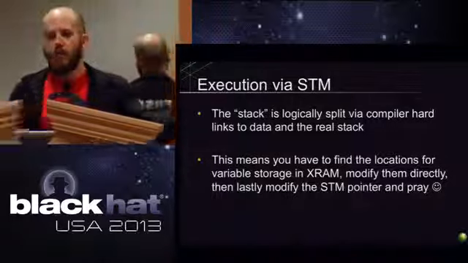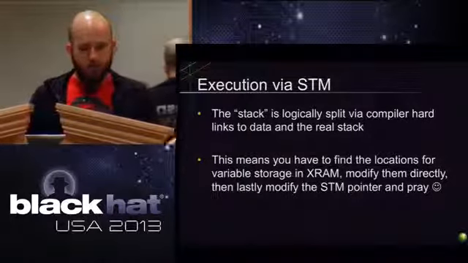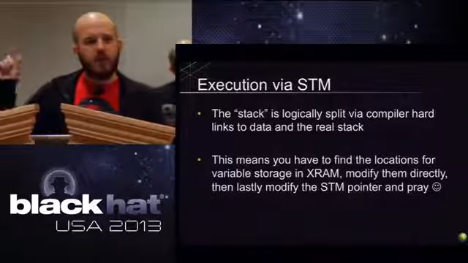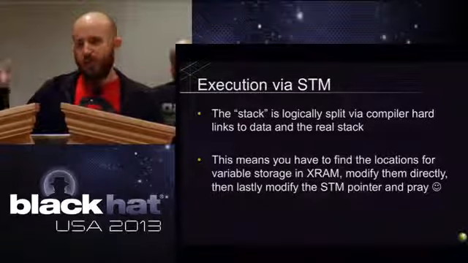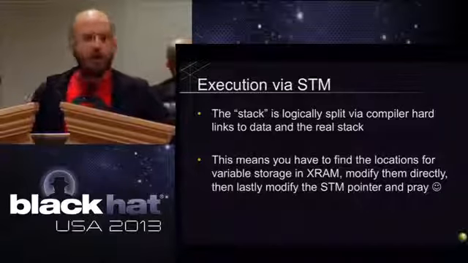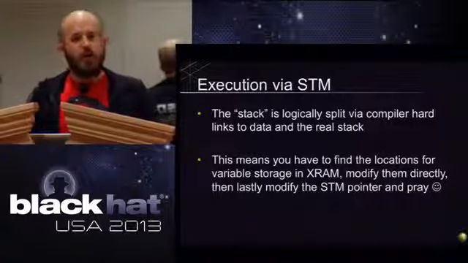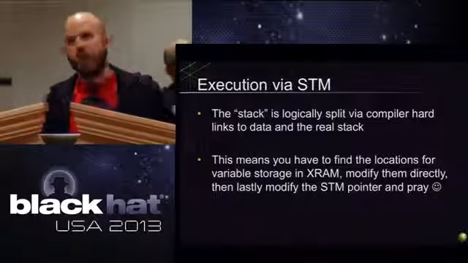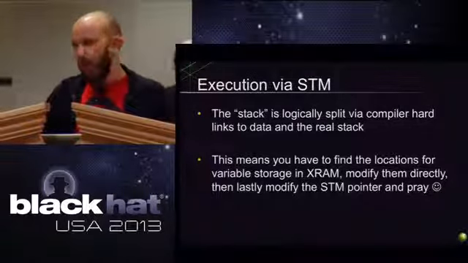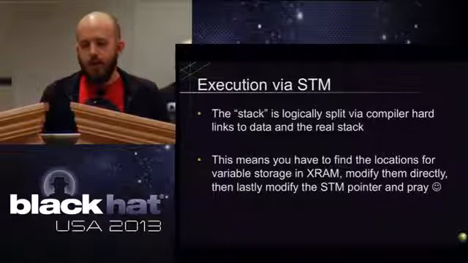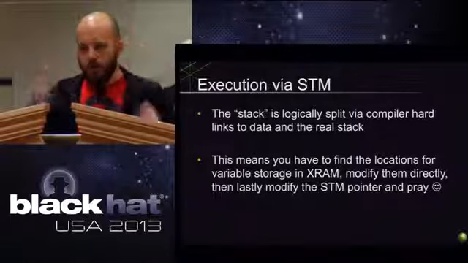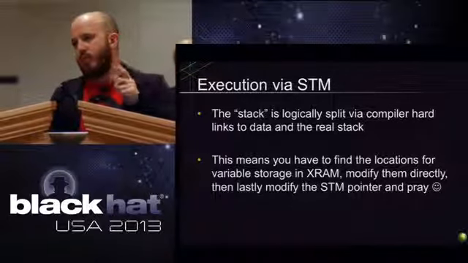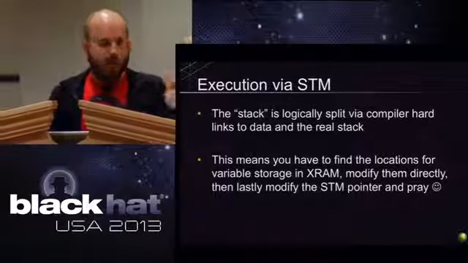In this case, all that stuff comes from static values in external data. So when you jump into a function, that function has hard-coded values saying, grab from address 1234 for this, and grab from 1238 for this. Once you find those, you make modifications to those locations as well, and then the last step is you overwrite the function pointer and the STM stuff, and then finally your code executes.